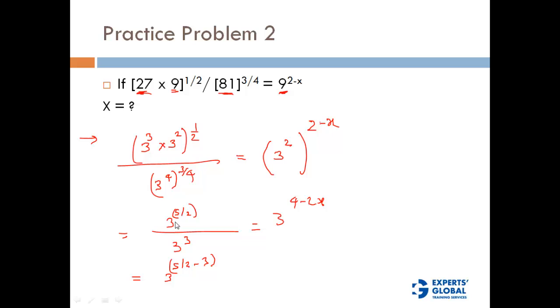This is a raised to b divided by a raised to c, so the whole expression will be a raised to b minus c, which is equal to 3 raised to 4 minus 2x. Okay, so what is this going to be?